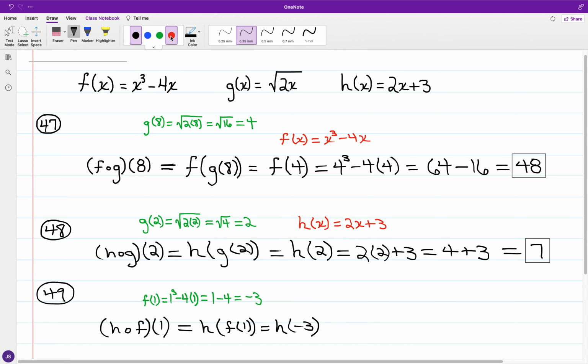Utilizing h of x again, with negative 3 as the input, we're going to have 2 times negative 3, followed by the addition of 3. 2 times negative 3 is negative 6, plus 3. And so we have h composed with f of 1 is going to be negative 3.